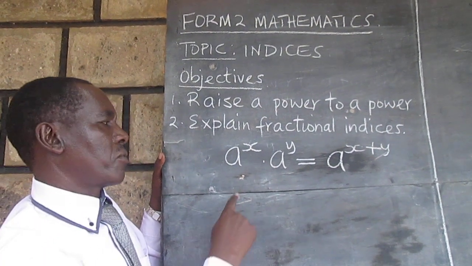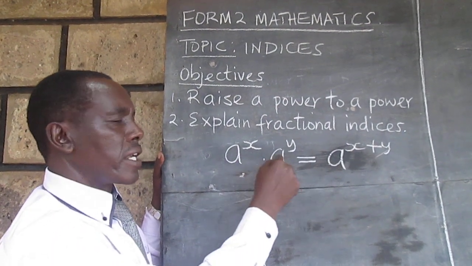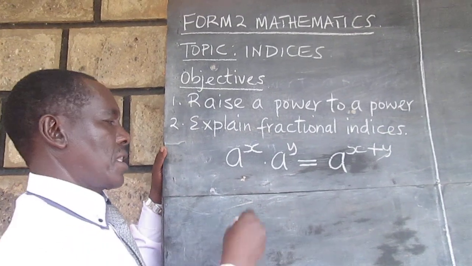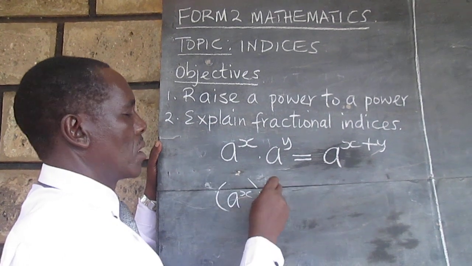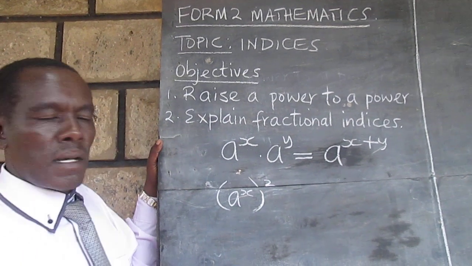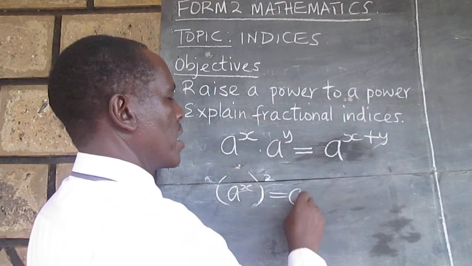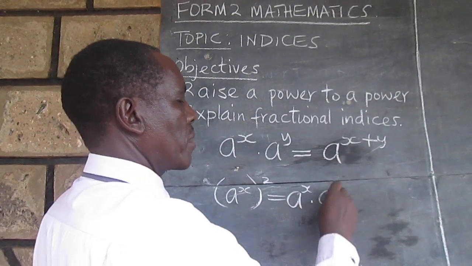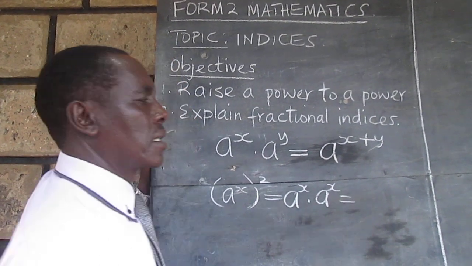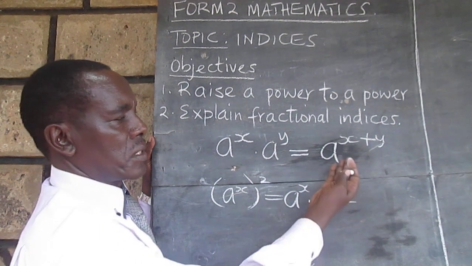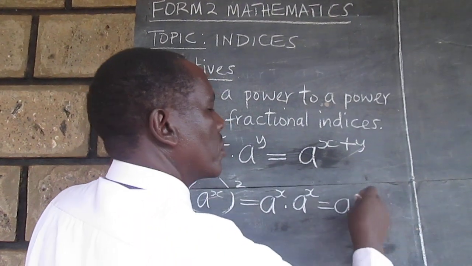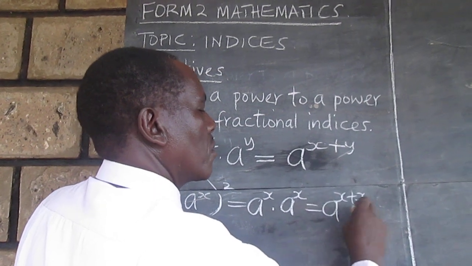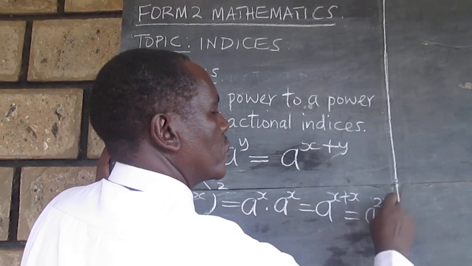In other words, we would be squaring a raised to x. That is (a raised to x) squared, and this would be a raised to x multiplied by a raised to x. And according to the law, that would become a raised to x plus x, which is a raised to 2x.